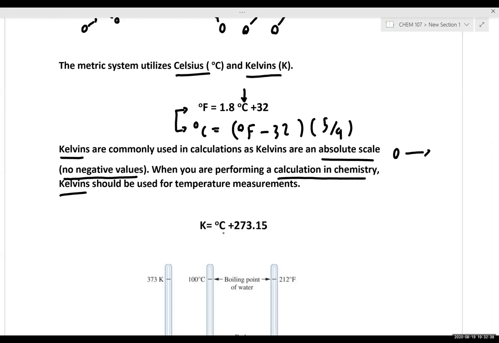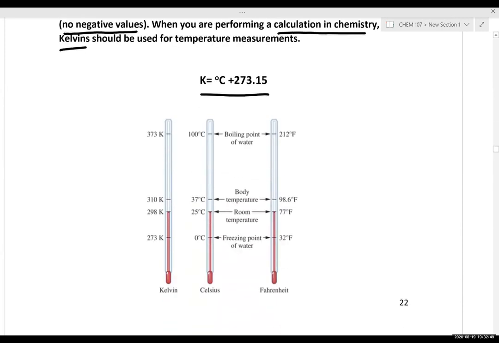So kelvins are equal to degrees Celsius plus 273.15. So it's a nice, simple conversion. To help everyone visualize the relationship between Kelvin, degrees Celsius, and Fahrenheit, the boiling point of water is 212 degrees Fahrenheit, 100 degrees Celsius, and 373 Kelvin.